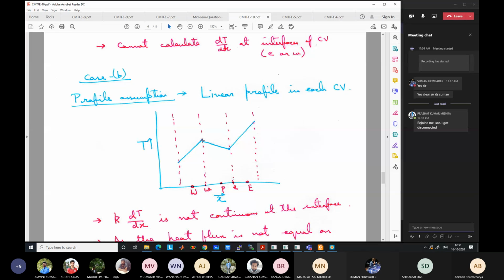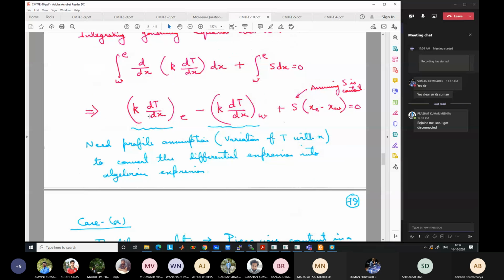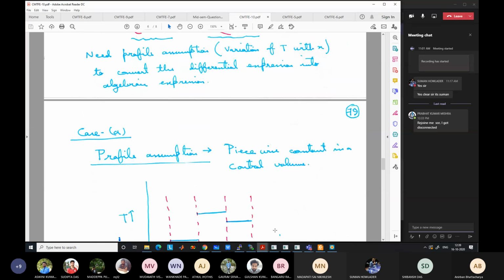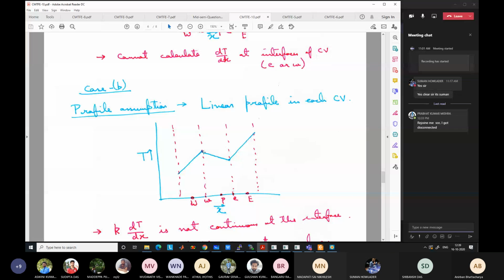When you are calculating for control volume P, you will use this profile assumption and get some value of dT/dx at this point for k dT/dx east minus k dT/dx west. Then when you move on to the next control volume E, you again integrate over this control volume and calculate the flux here and here.